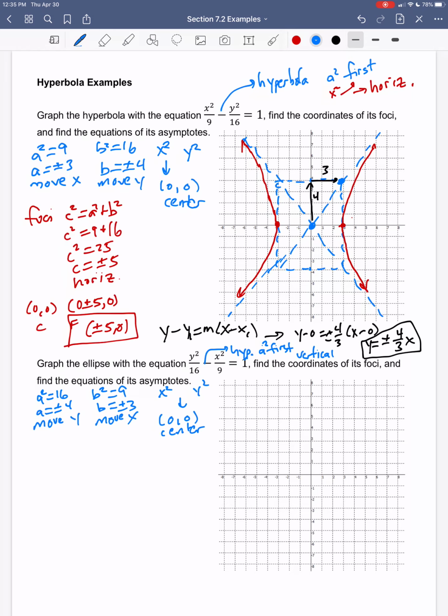So we start at 0, 0. I move 4 in the y direction and 3 in the x direction from the center. And then I make this box. And then I connect the corners of the box to get the asymptotes.